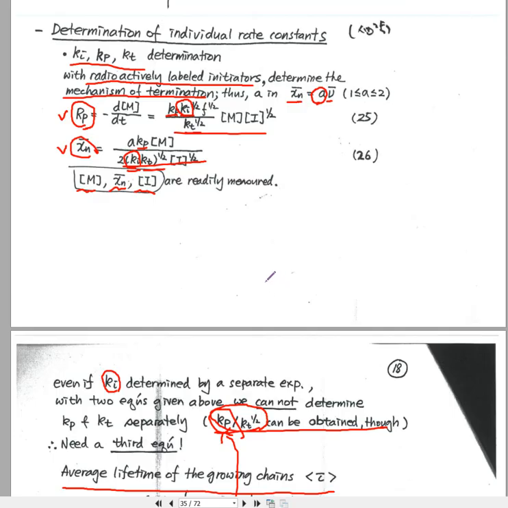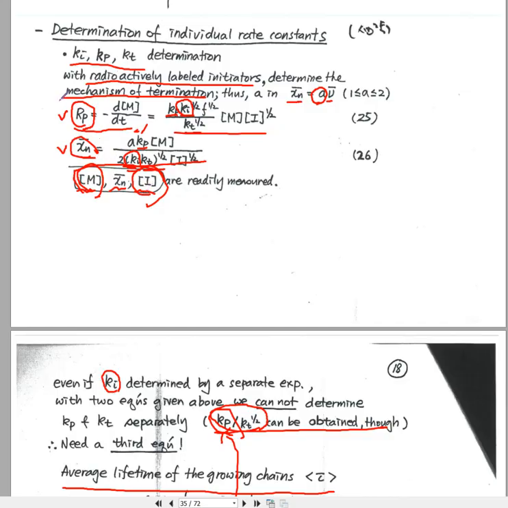Theoretically, we can vary the monomer concentration and initiator concentration when we start the polymerization reaction, right? And we can easily check the reaction rate and also the average degree of polymerization, or the polymer chain length, right?